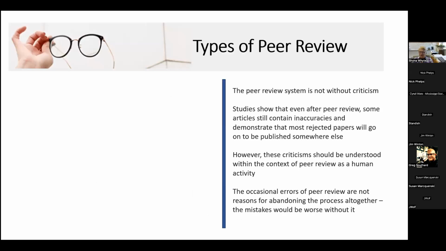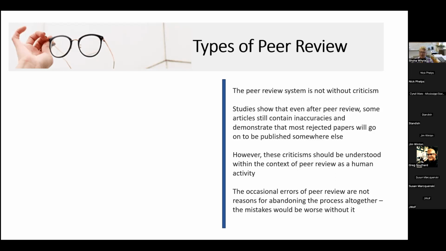So, types of peer review. As I said, the peer review system is not without criticism, and there are inaccuracies, and I've seen this in manuscripts that we've rejected when I've been the editor, that those manuscripts then go on to be published in other journals. Those criticisms are a part of the process, because the process is conducted by humans and we're not perfect.